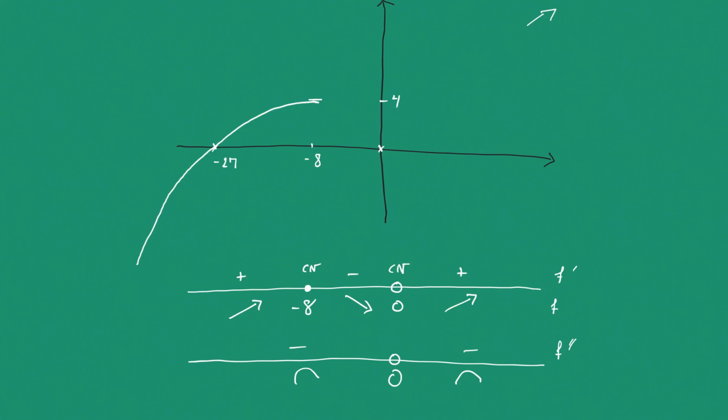Now, what are we going to have? Well, from -8 to 0, it's going to be decreasing, and it's still going to be concave down. So let's draw that with no horizontal tangent line at 0, where we're going to have a local min. Okay, so decreasing and concave down. And now what happens?